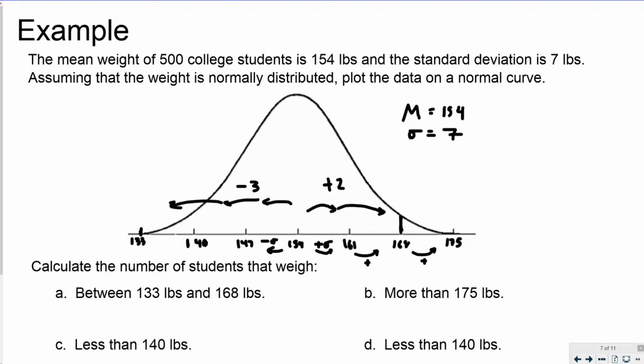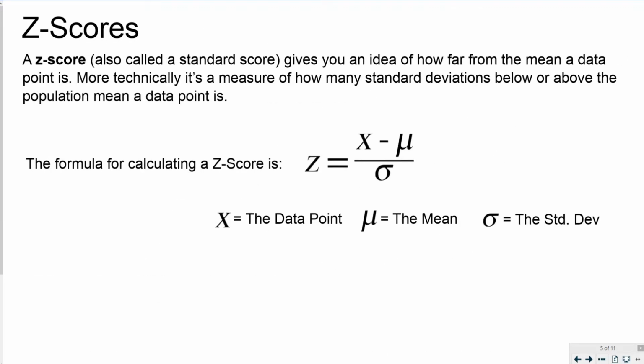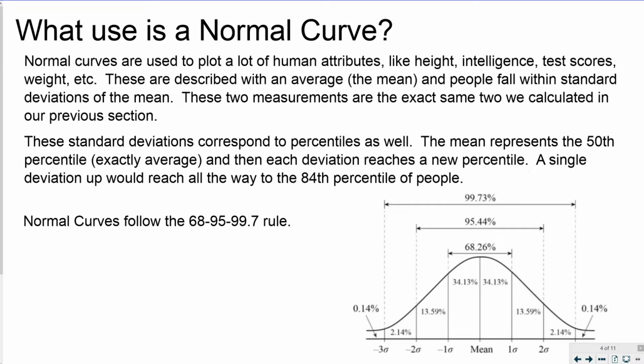So this is a total of 5 standard deviations. So essentially we need to look at our basic normal curve. So I have to go back a couple pages really quick. All right, it's going to be these boxes here. We need to check this one, this one, this one, this one, and this one.